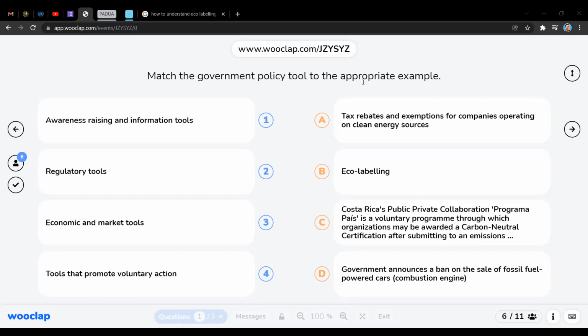Match the government policy to the appropriate example. Only 6 people. We're going to wait 10, 15 seconds. Okay, 8 people. Quickly.